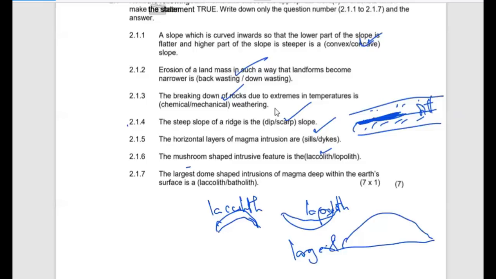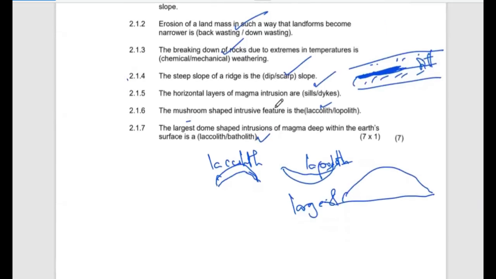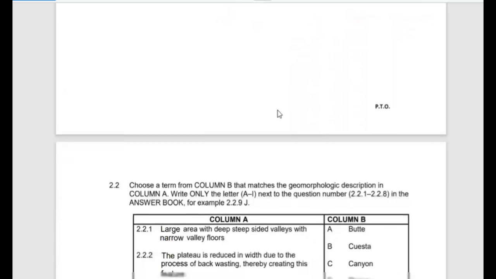We want now the biggest intrusion of those landforms which are intrusive. We have the batholith as the largest, and that is where our granitic domes will originate from. Right. So basically, those are the responses to our question. We move on to the next question.